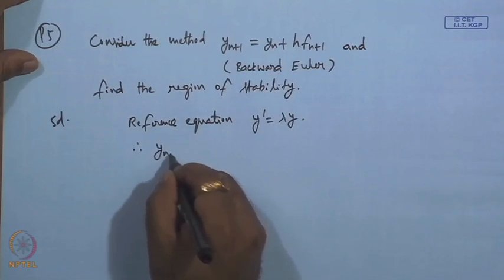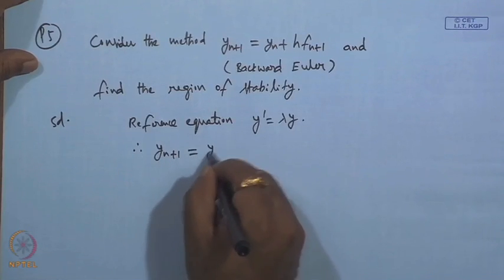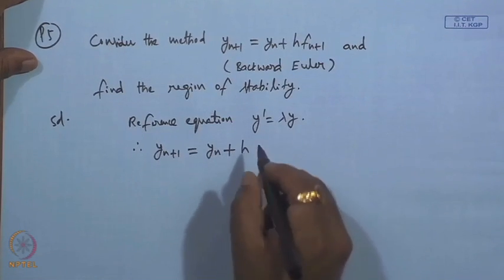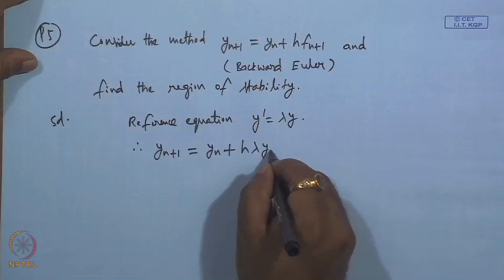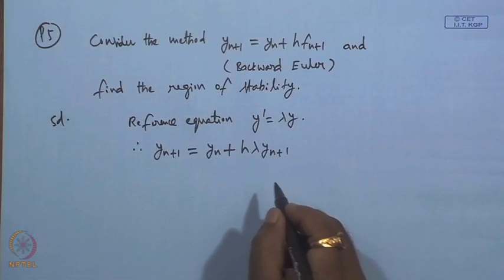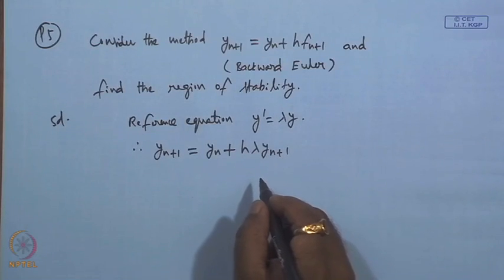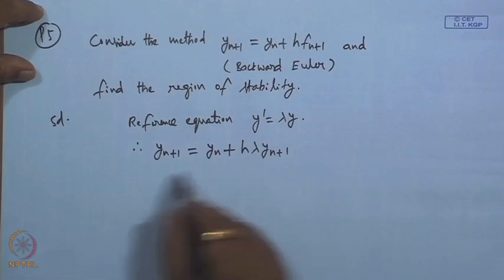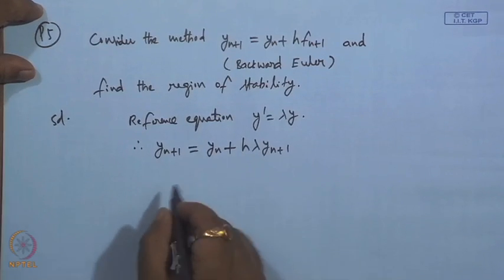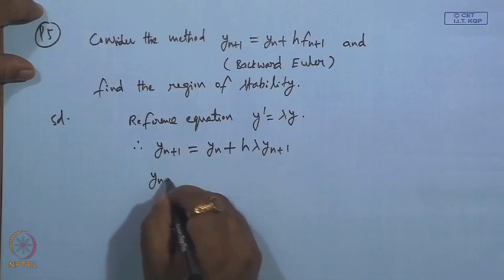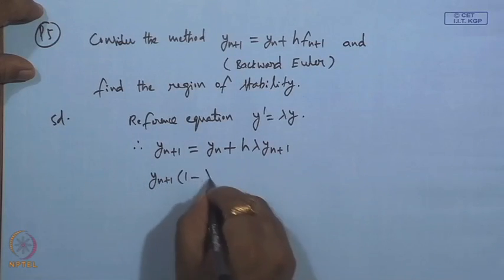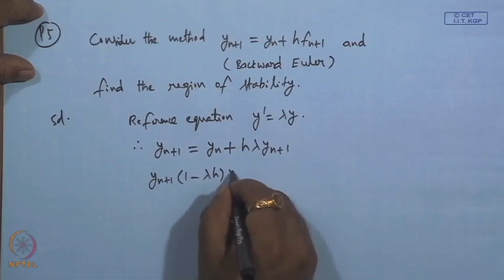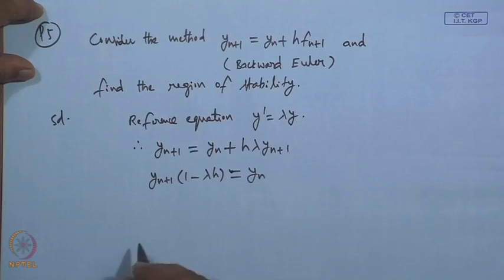Therefore, y n plus 1 is y n plus h lambda y n plus 1. We need to get a form. How do we get it? 1 minus h lambda times y n plus 1 equals y n.